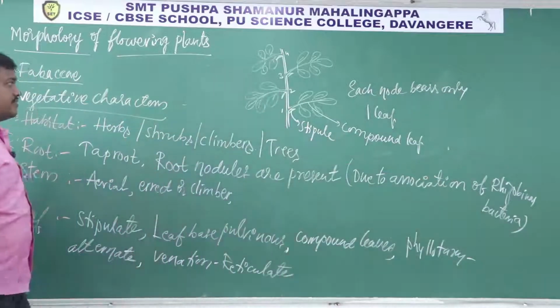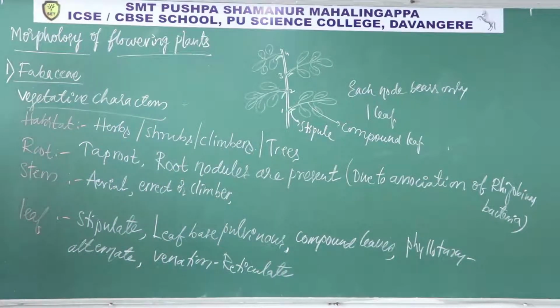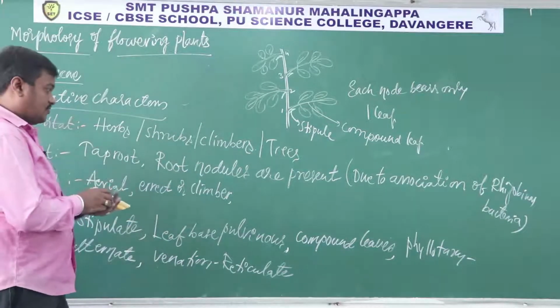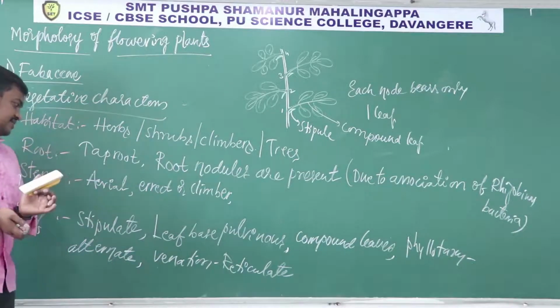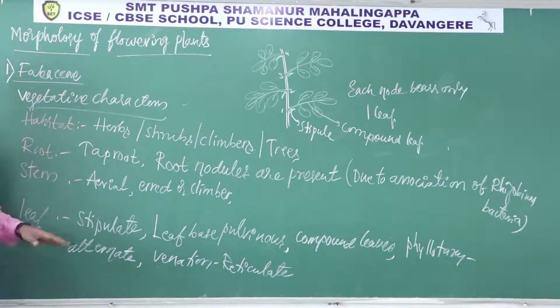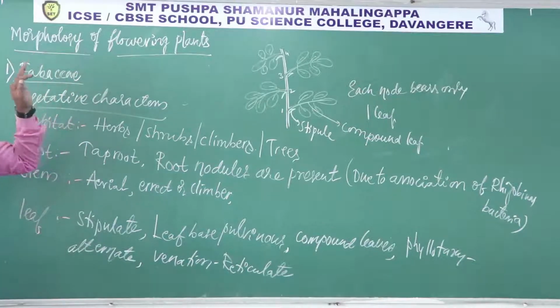ಸೊ ದಿಸ್ ಇಸ್ ಕಾಂಪೌಂಡ್ ಲೀಫ್. Okay, leaf is stipulate and it's a compound leaf. Then the leaf base is pulvinous, a swollen leaf base irutte. Then compound leaves, phyllotaxy is alternate, and venation is reticulate. So this is about the vegetative characters of the family Fabaceae.